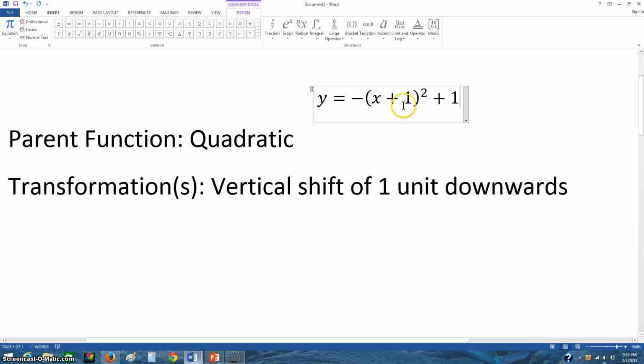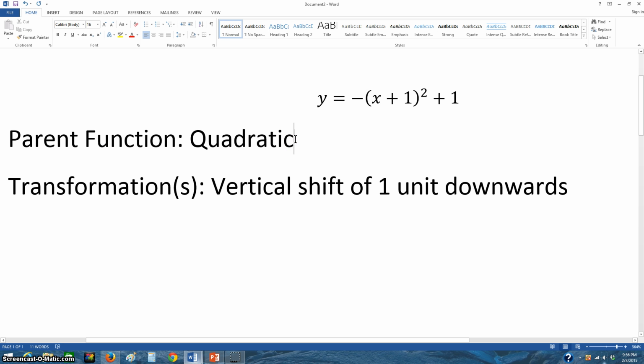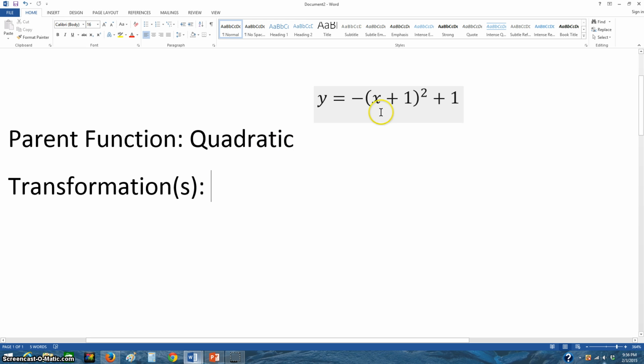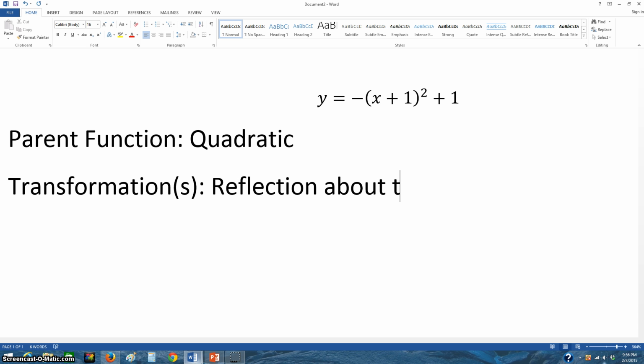Okay, so again, for this case, our parent function is still the quadratic function. And let's talk about the transformation or the transformations for this one. I like to start off with my negative. That negative means that it reflects it, so there's going to be a reflection about the x-axis.